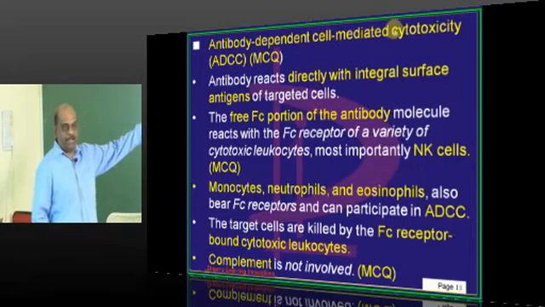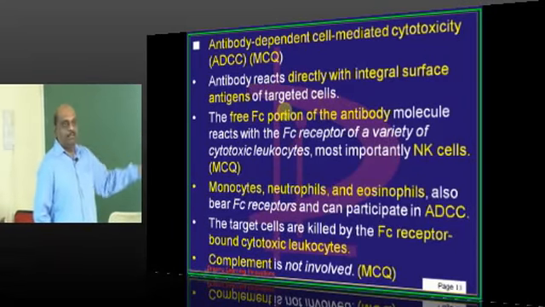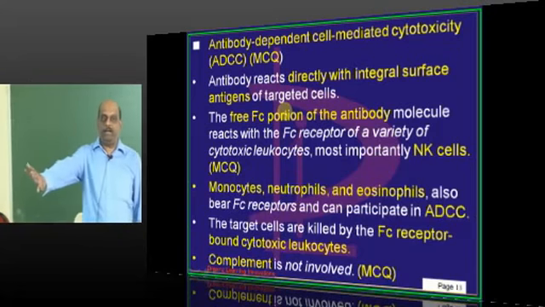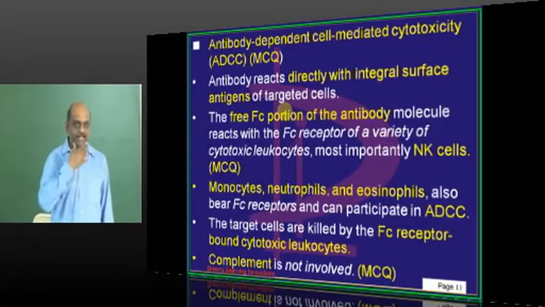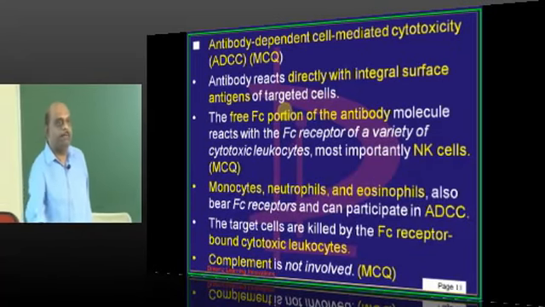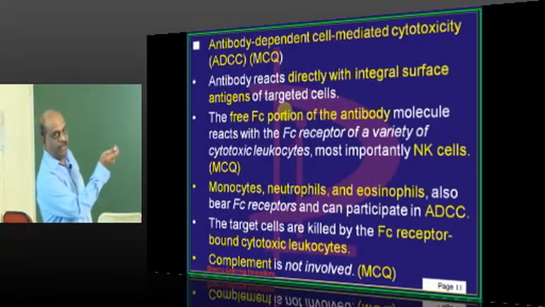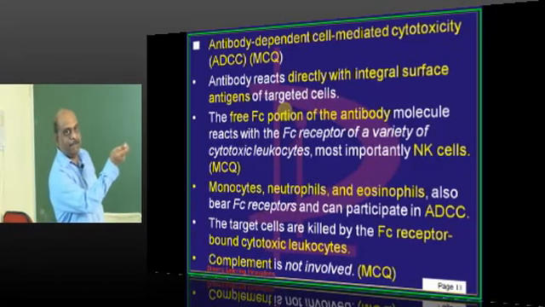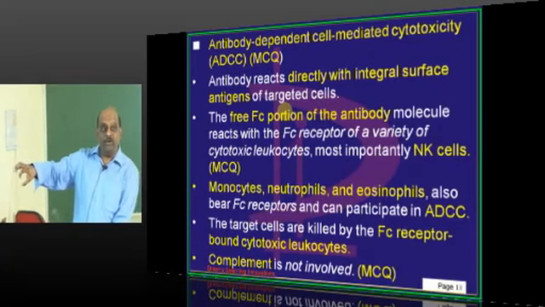In antibody dependent cell mediated cytotoxicity, what will happen? The antibody will identify, doctor, this is a cancer cell or this is a virus infected cell. So what will it do? That antibody will go and bind with that, and it will keep its Fc portion up. It will be saying, I have caught this fellow, a thief.